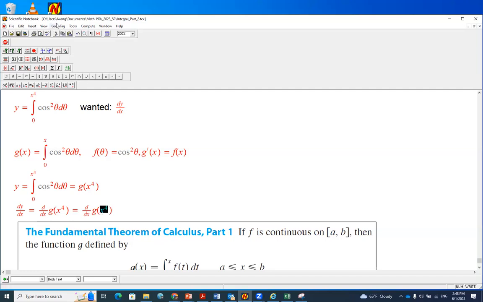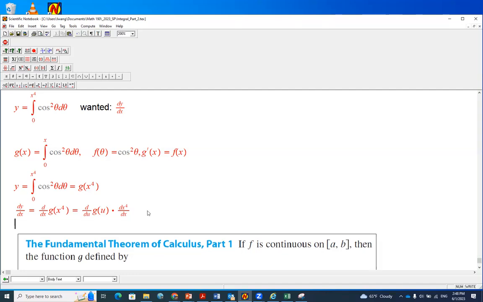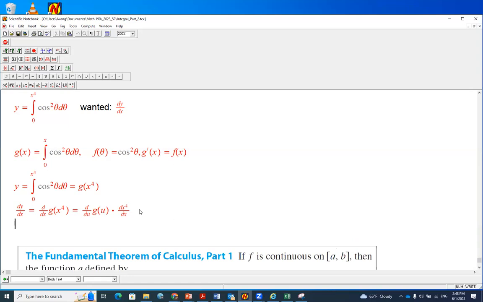So this is going to be dy du multiplied by du dx, where u is x to the power 4. For that piece, it is g prime of u.